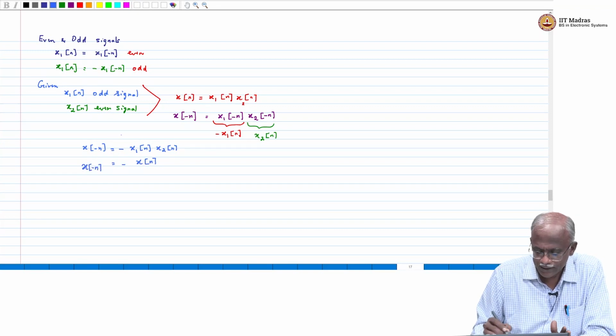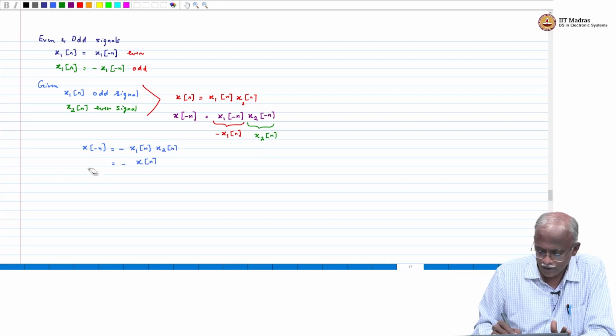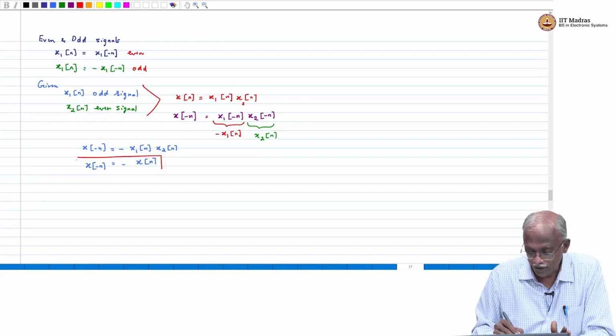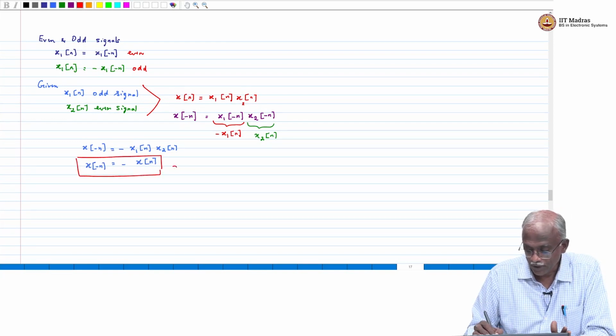If this condition is satisfied, is it an even signal or an odd signal? This means it is an odd signal. That means x of n is odd.